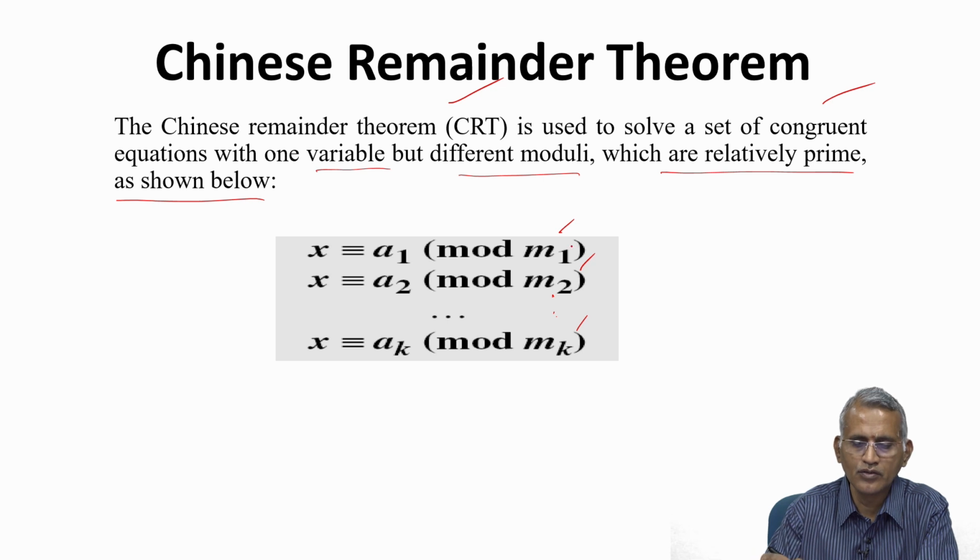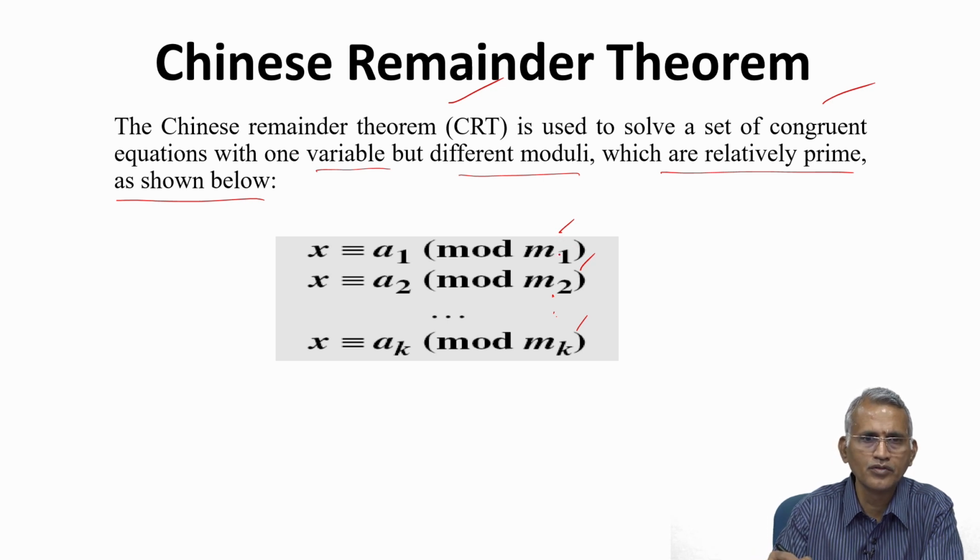Take two numbers m1 and m2, and the GCD of m1, m2 is 1. Similarly m1, m3, m1, m4 and so on up to m1, mk, and parallelly we have to check m2, m3, m2, m4 and so on up to m2, mk.